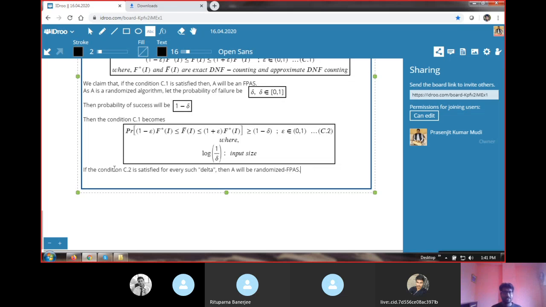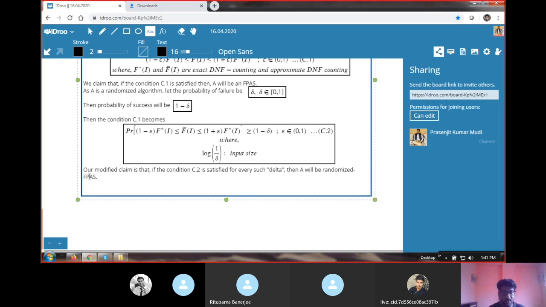Okay, so this is our claim. So our modified claim is: if the condition C2 is satisfied, then for every such delta chosen, we will have an algorithm which is randomized FPS.